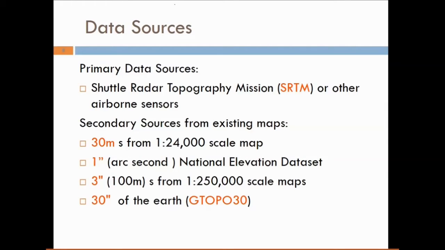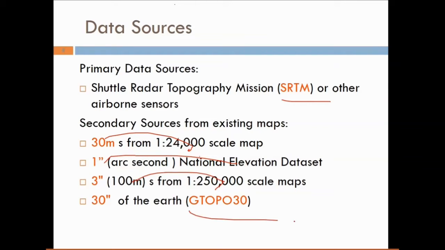There are various data sources for these digital elevation models. The primary data sources may be, say, SRTM, ASTER, and other airborne sensors. The secondary sources may be made from maps, from the National Elevation Dataset, or from 1:250,000 scale maps.